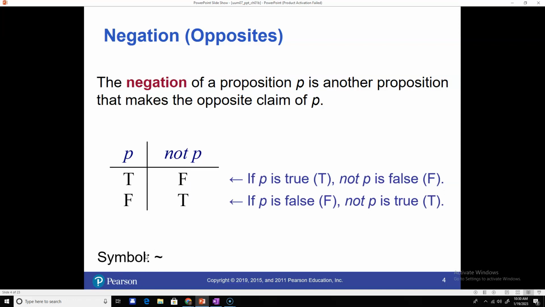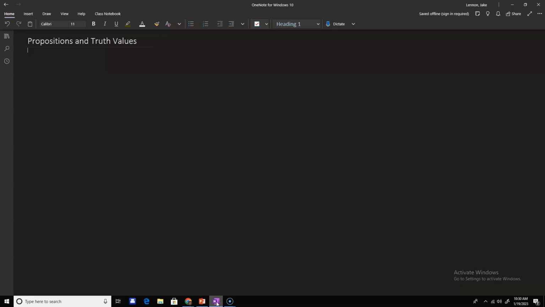So they've got the symbol down here. Sometimes instead of writing not P, you'll see the symbol, the tilde. So let me write that down.